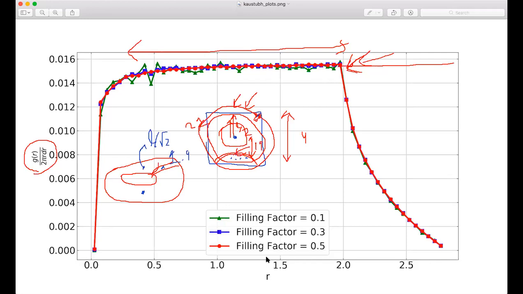Now you have the data, you can do that and send it to me. Suppose instead of plotting g(r) over that 2 pi r, you plotted just the g(r), what would you get?